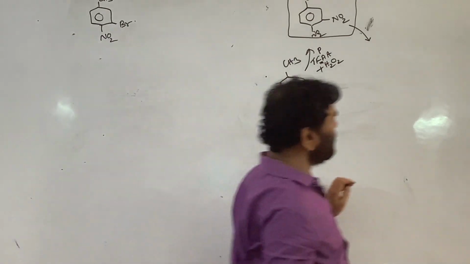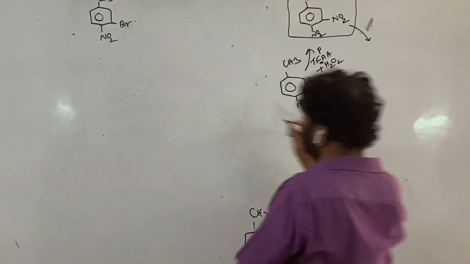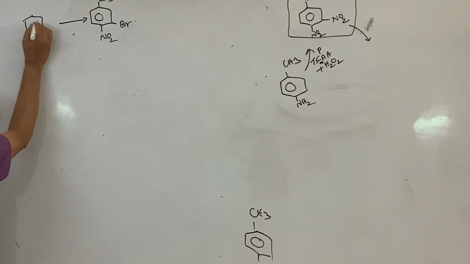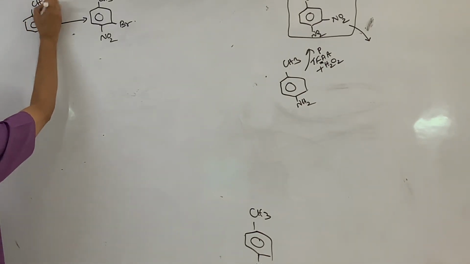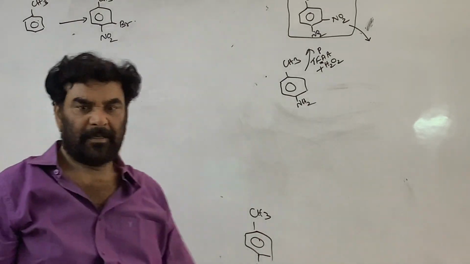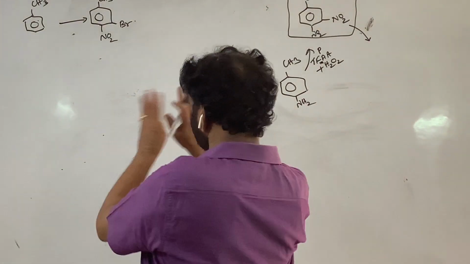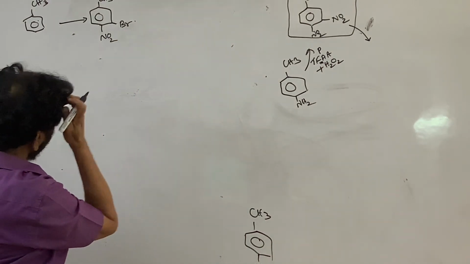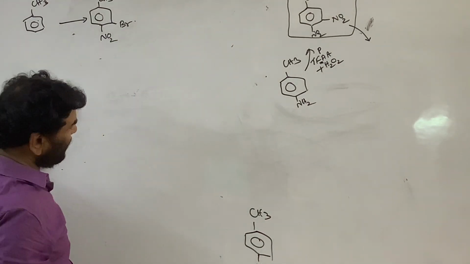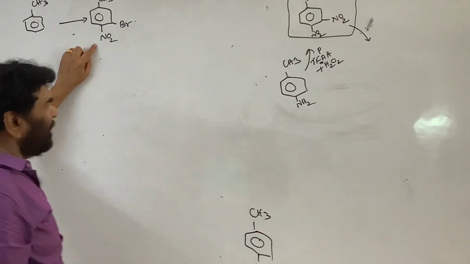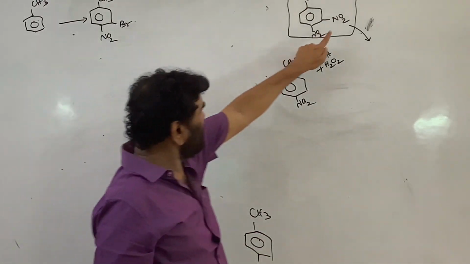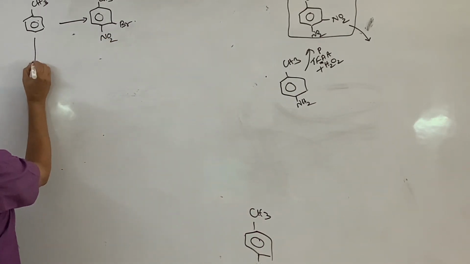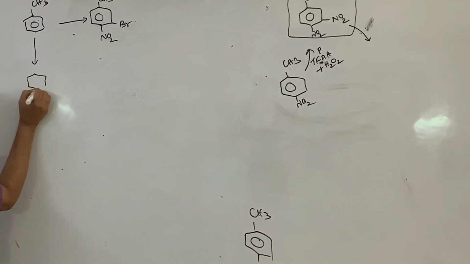Given compound is toluene. See, and here the final step, this is converted into the C. Let me write the scheme.